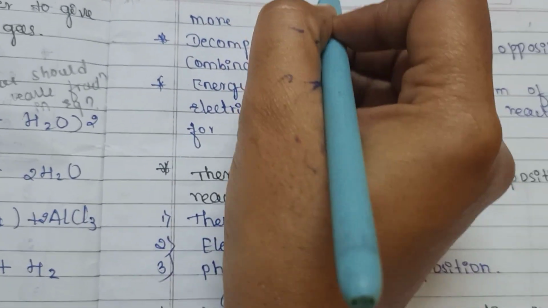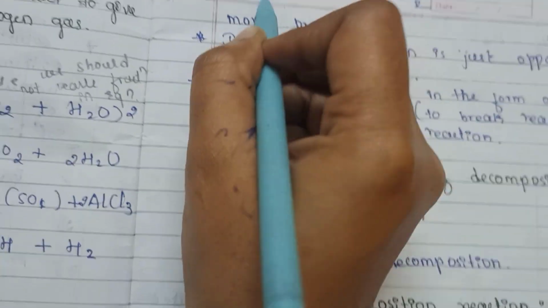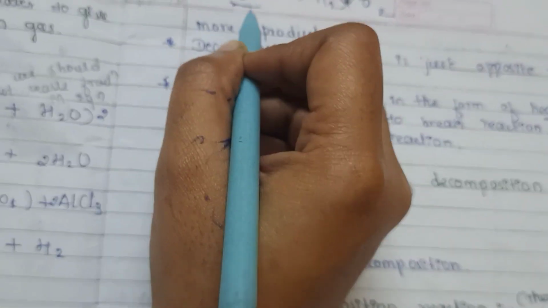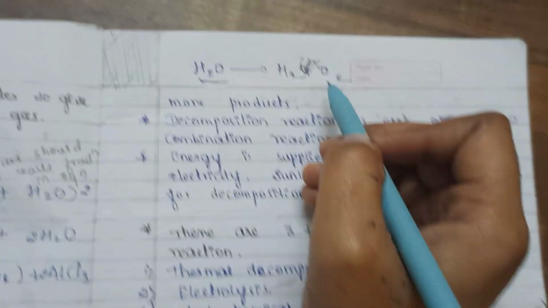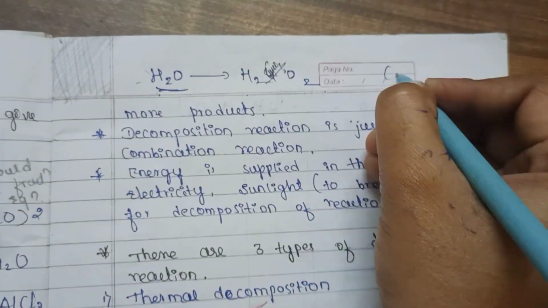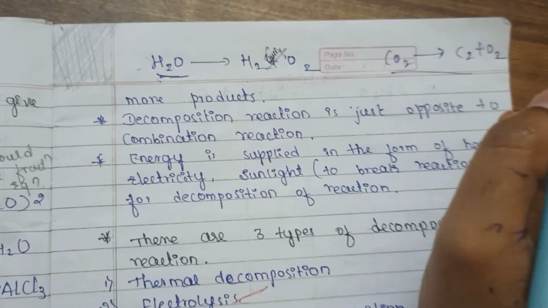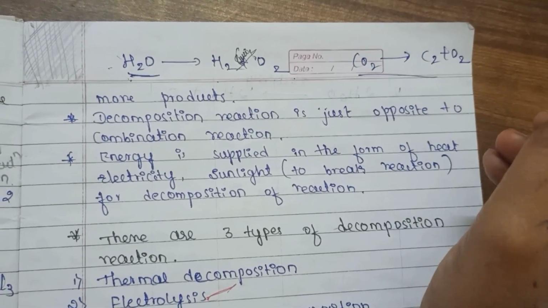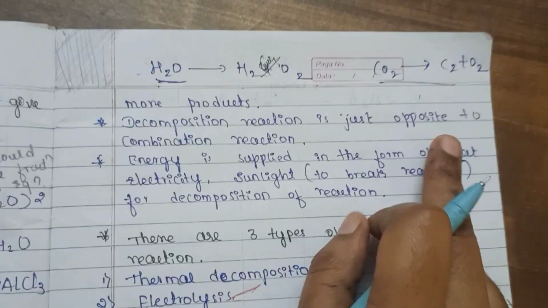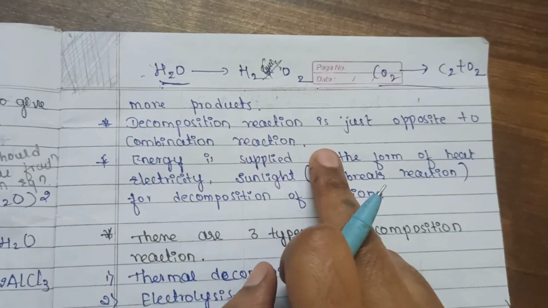See, how I will give an example. H2O gives H2 plus O2. Here a single reactant undergoes reaction and gives products. You can give the reverse example, CO2 which gives C plus O2. So this is a decomposition reaction. It is just opposite to the combination reaction.